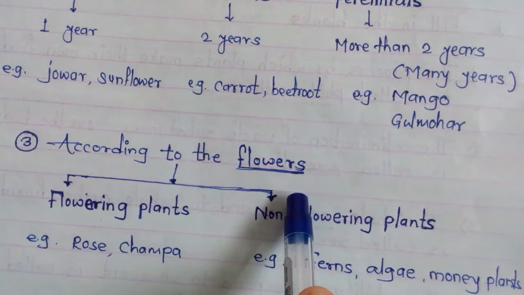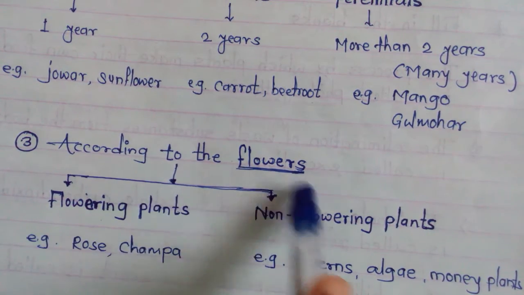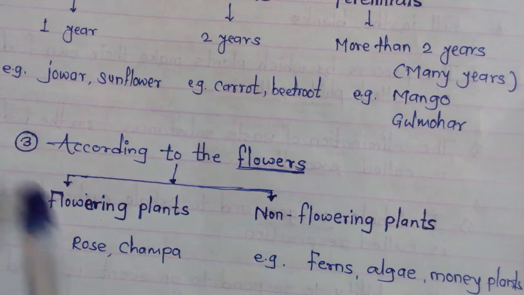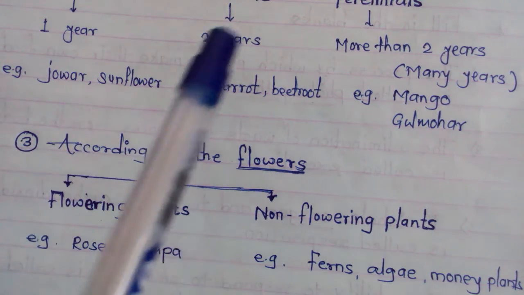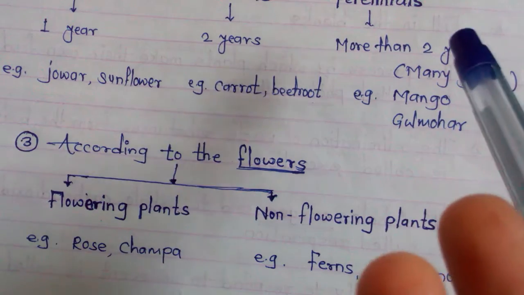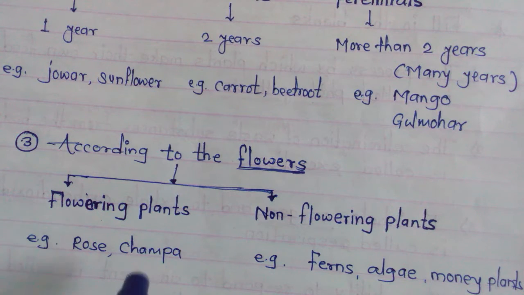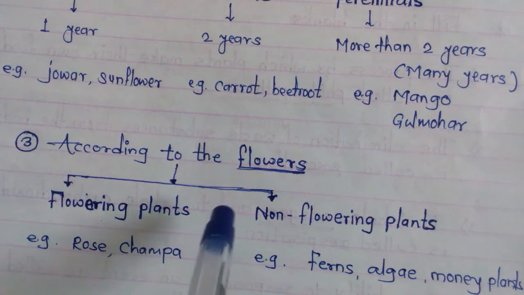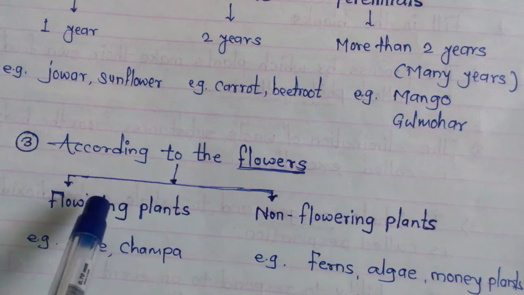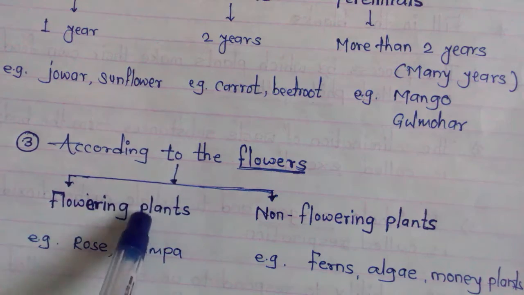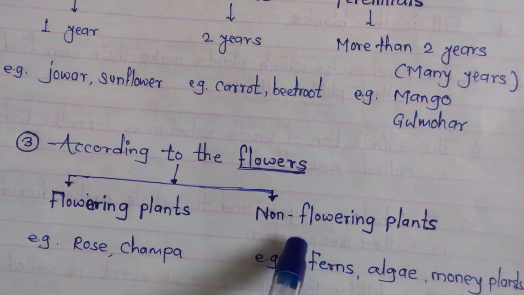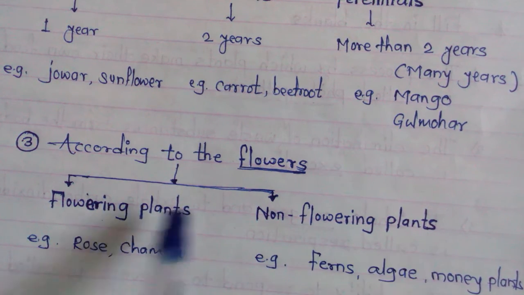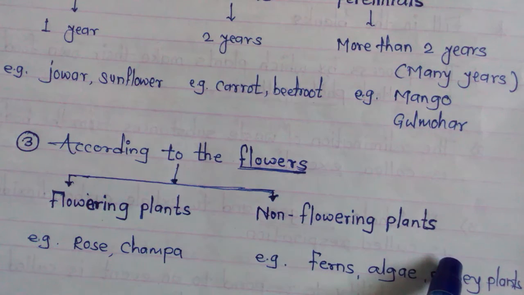Then see the third point, according to the flowers. In our surroundings we see many types of plants, but some plants bear flowers and some plants cannot. Due to that, plants are classified into flowering plants and non-flowering plants.